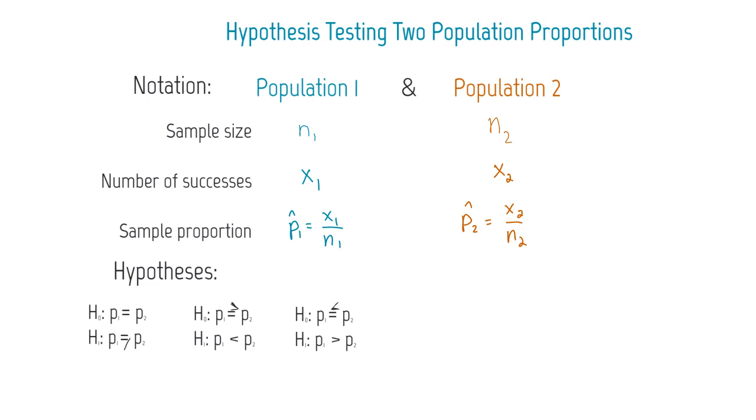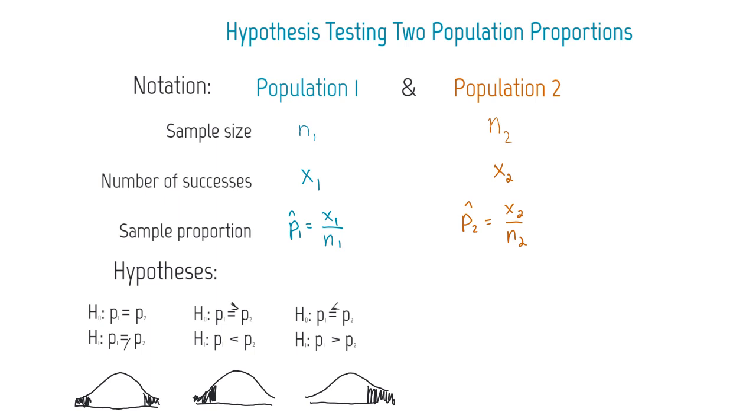So if your alternative hypothesis is a not equal to symbol, then you have your two-tailed test, and your null hypothesis has an equal symbol. If your alternative hypothesis is a less than symbol, then it's a left-tailed test. And if your alternative hypothesis is a greater than symbol, then it's a right-tailed test.